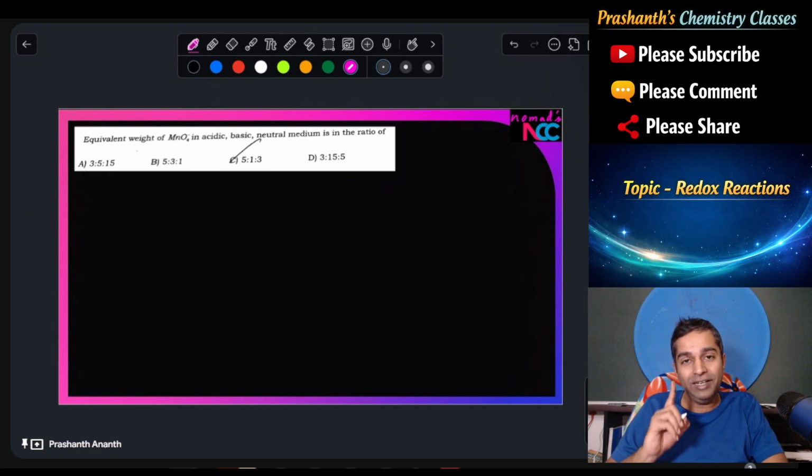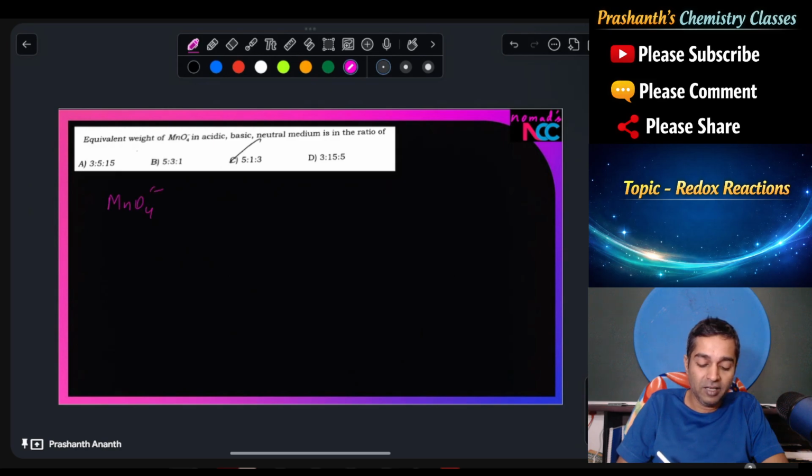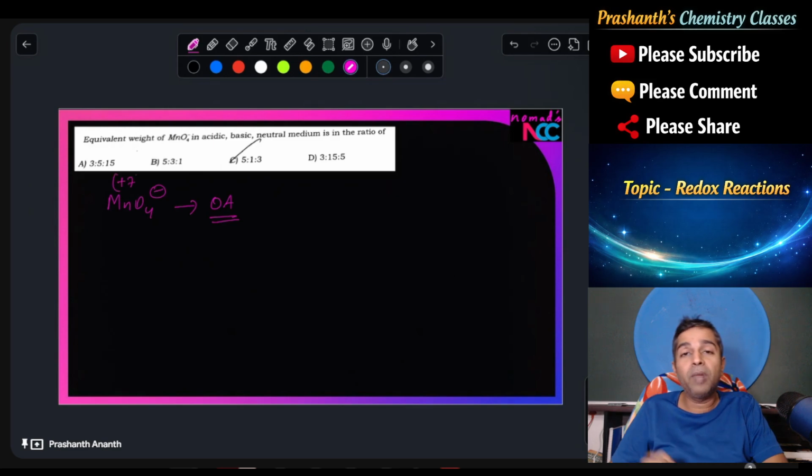Now, one key thing which they have not mentioned in the question over here is MnO4 minus behaves as an oxidizing agent. It cannot undergo any further oxidation because manganese is already in the +7 oxidation state in MnO4 minus. This is the highest possible oxidation state for manganese. Alright, so it is already in the fully oxidized state. From here, the MnO4 minus can only undergo reduction.